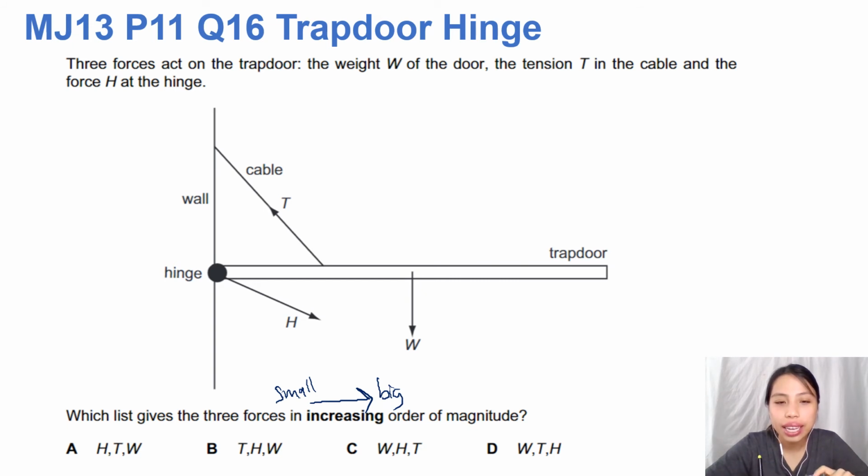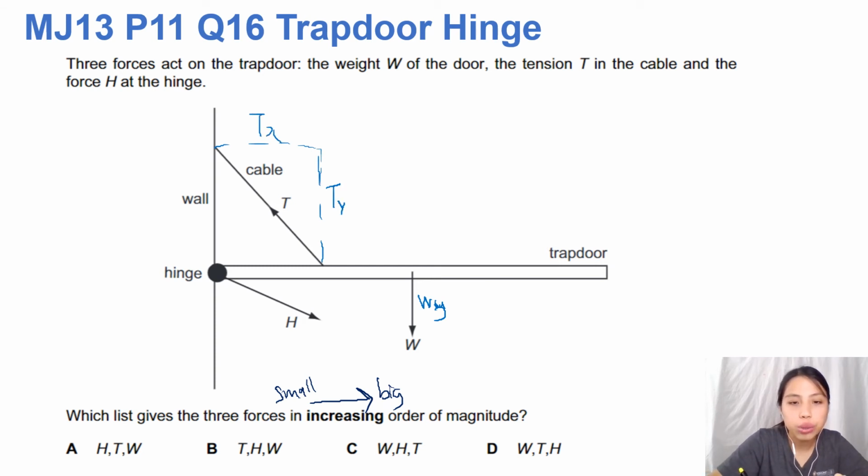Tension, weight and H. Let's break them all into components. Weight is fully vertical. Tension has two components, TY and TX. H also has two components, HY and HX.